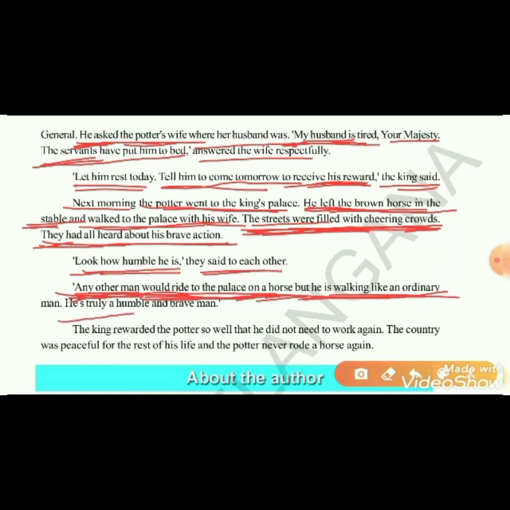The king rewarded the porter so well that he did not need to work again. The country was peaceful for the rest of his life, and the porter never rode a horse again. Such an amount of reward he got that he never needed to work again in his life. And since there was no enemy at all, and the word spread that there is a tiger general in the country, no other enemy planned or broke out to fight against this porter's country.